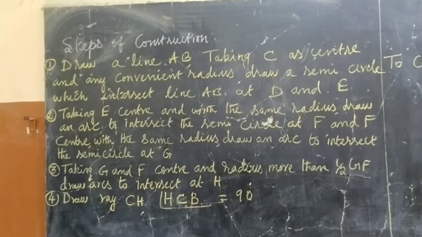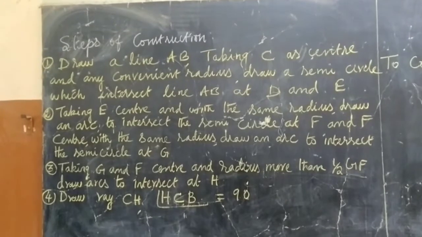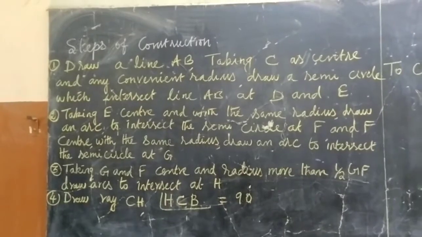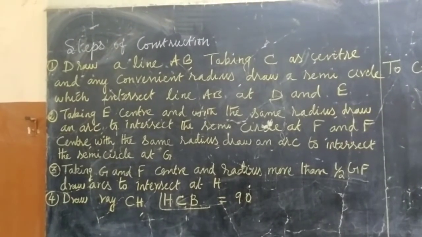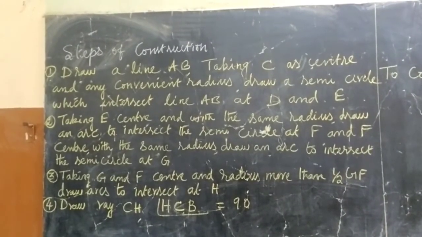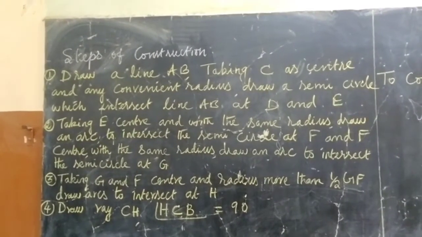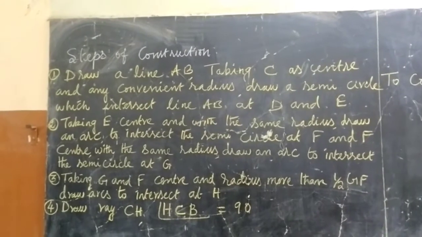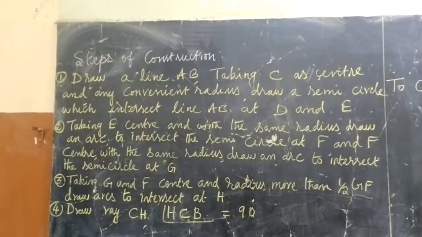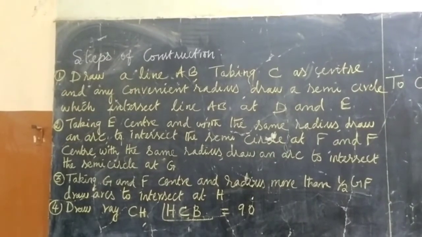Taking C as center and any convenient radius, draw a semicircle which intersects line AB at the points D and E. Taking E center and with the same radius, draw an arc to intersect the semicircle at the point F, and F center and with the same radius, draw an arc to intersect the semicircle at the point G. Taking G and F center and radius more than half of GF, draw arcs to intersect at the point H. Draw ray CH. HCB is equal to 90 degree, the required angle.